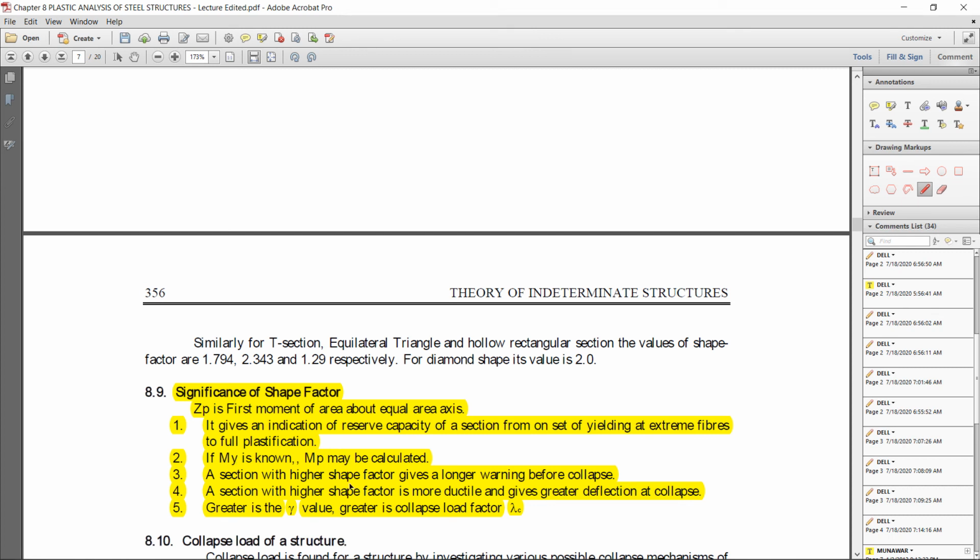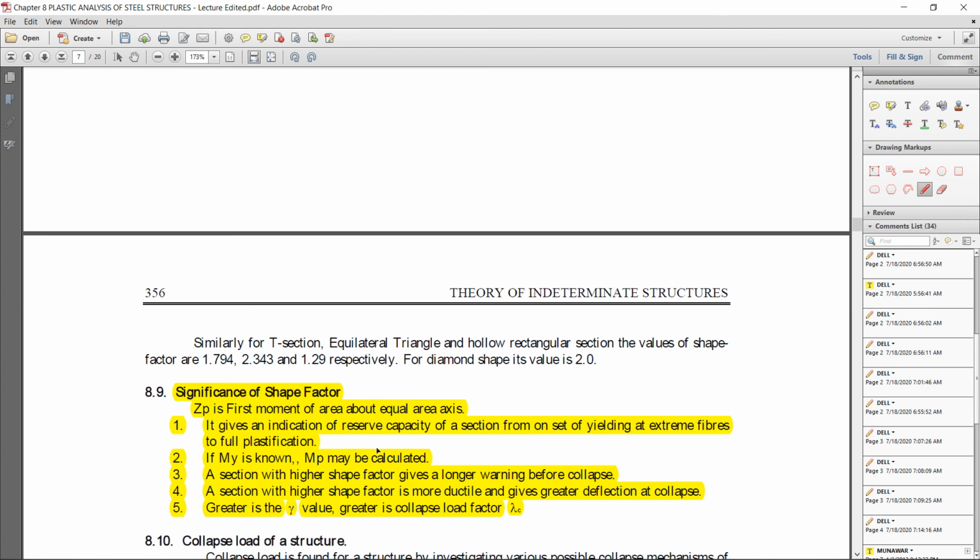A section with higher shape factor gives a longer warning before collapse. Means it has more reserve capacity before full plastification. A section with higher shape factor is more ductile and gives greater deflection at collapse. Means it gives more warning before failure, means occupants can go out from the building. Okay, that is a good option.